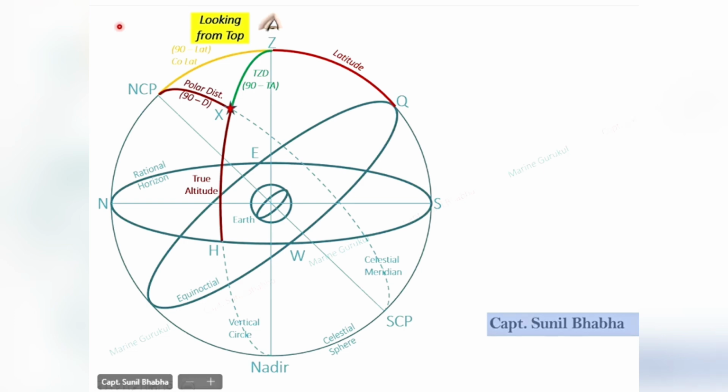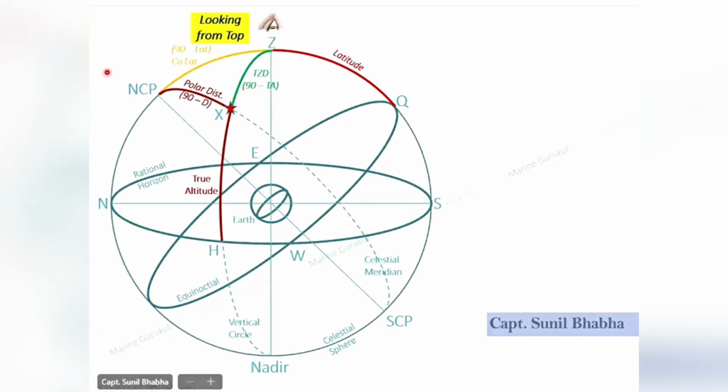Now this diagram which you see on the screen right now is exactly the same diagram picked up from the last slide. All the things which are mentioned here we have already discussed. You see this PZX triangle here. It is the same PZX triangle. PZ side is the co-lat, 90 minus latitude.